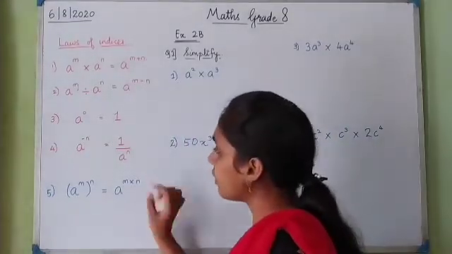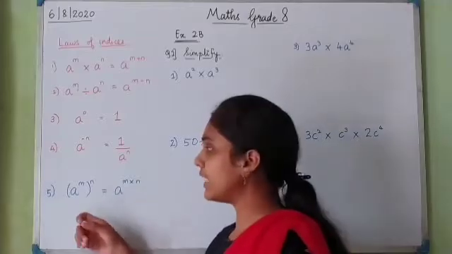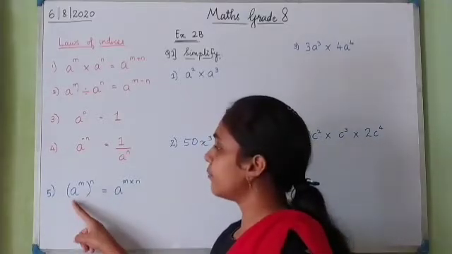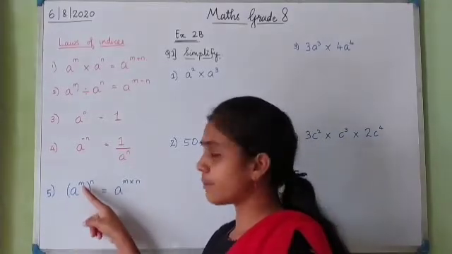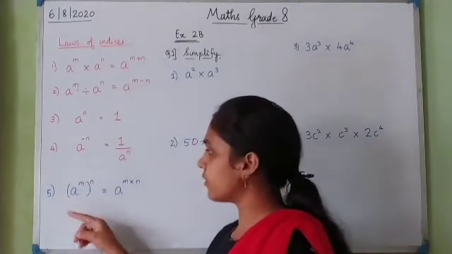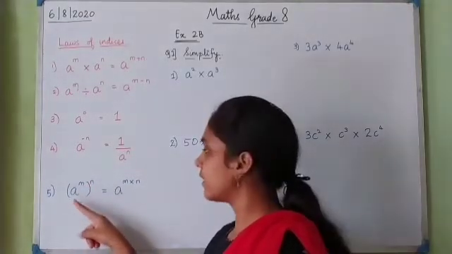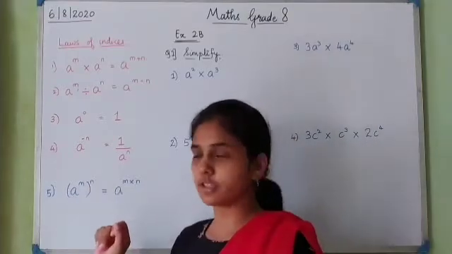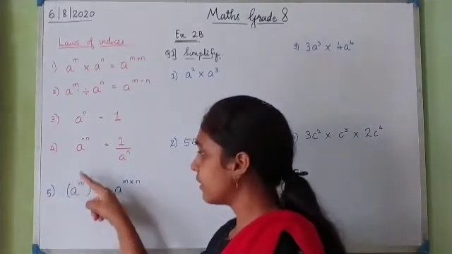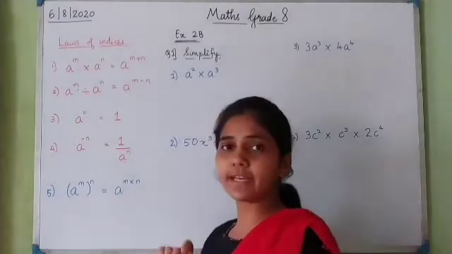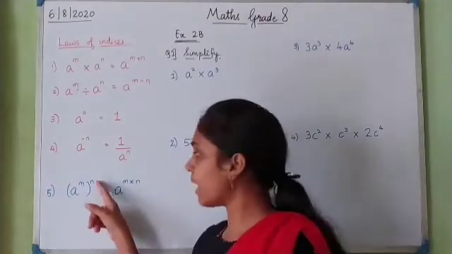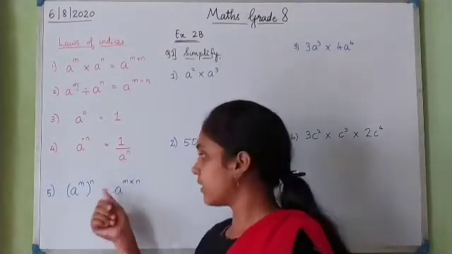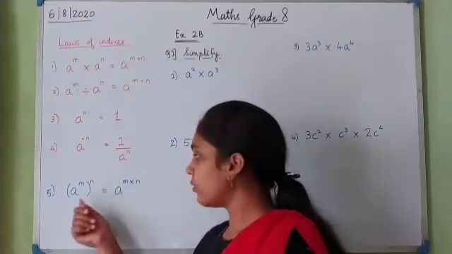So these 4 laws we have studied in our previous chapter. One more thing I would like to tell you about indices is, if a base is raised to some power, written like a raised to m, where a is the base and m is the power, and there is a bracket and outside the bracket one more power is given for the same base, then what happens?